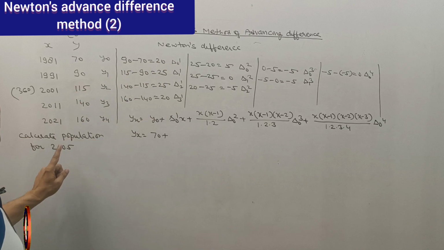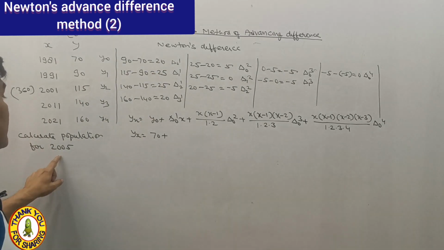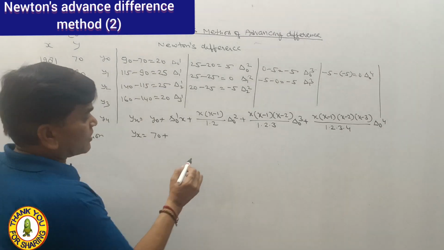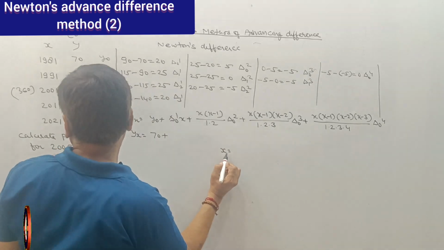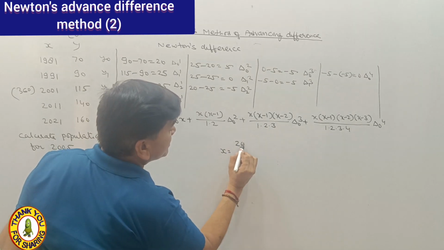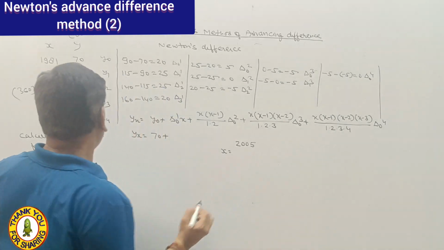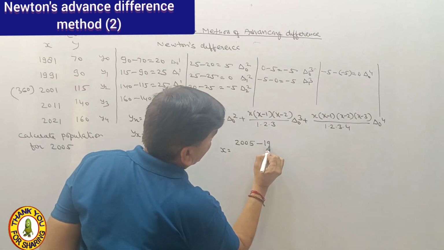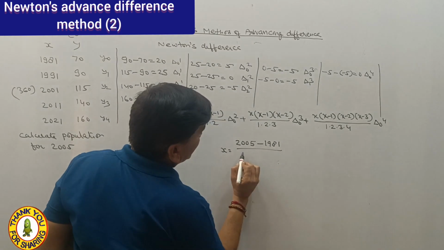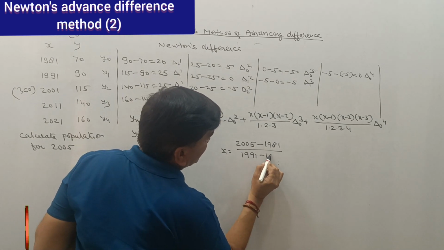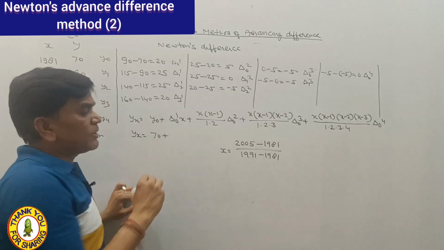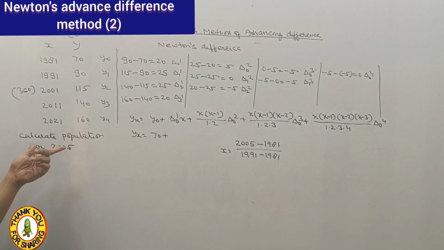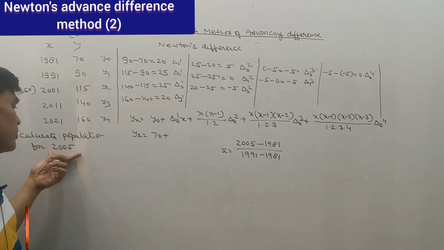For the x value, we have not calculated it yet, so first I am calculating x. We interpolate the value for 2005.